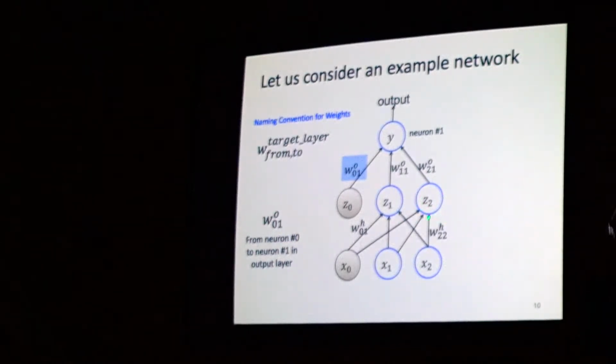And the starting node of the edge, of course, is in the input layer. So the index of the input layer, which is the from node, is 2, meaning x2. And the ending node in the hidden layer is indexed by 2, meaning z2. So this indicates it is on the edge pointing from x2 to z2.